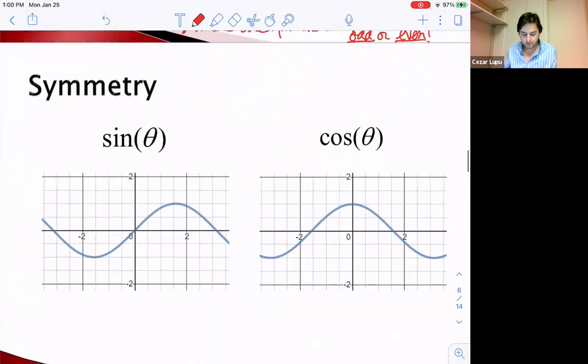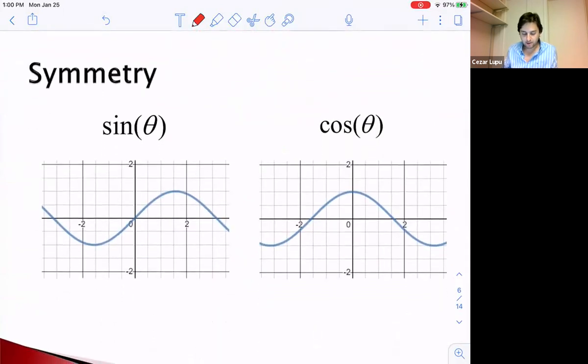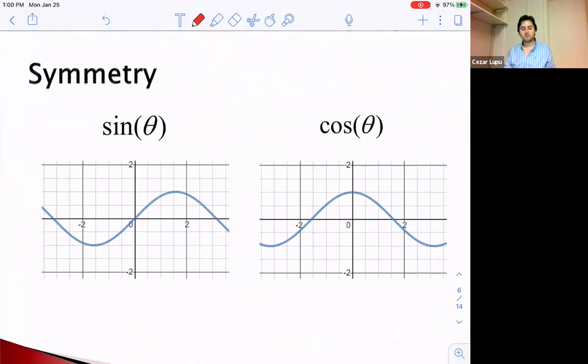Now, since we're talking about symmetry, what can you tell me about these two functions? For example, if we take these two trigonometric functions, sine of theta and cosine of theta, just look at their graphs. What can you tell me about their symmetry? Which one is even, which one is odd? By just looking at the graph, based on what we have said previously.